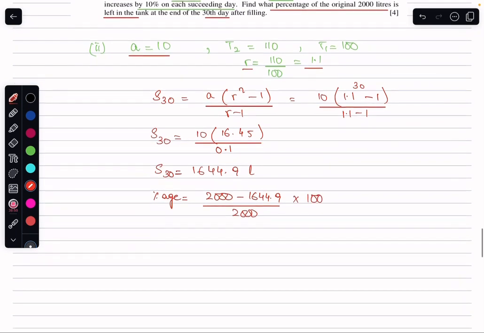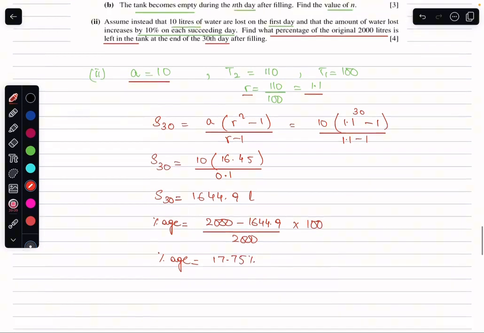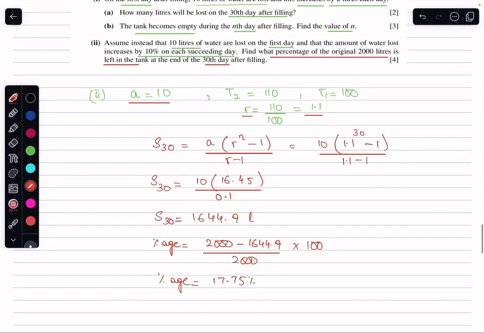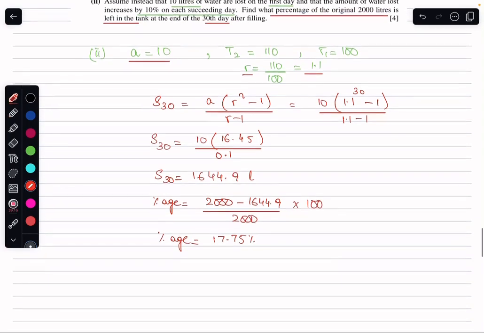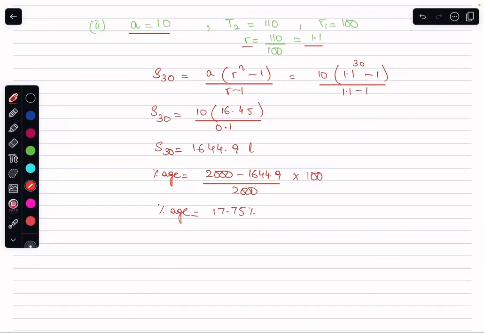So this percentage value then is going to be 17.75%. So this is the percentage of the original 2000 liters which is now left in the tank at the end of the 30th day here. So this is going to be the answer for this question.